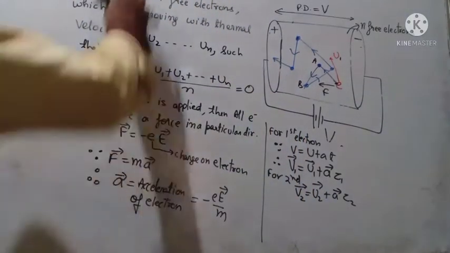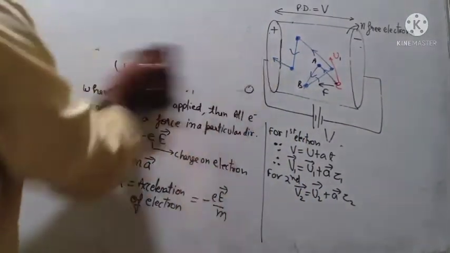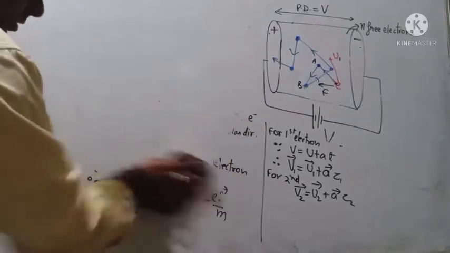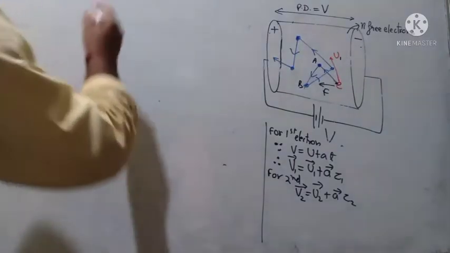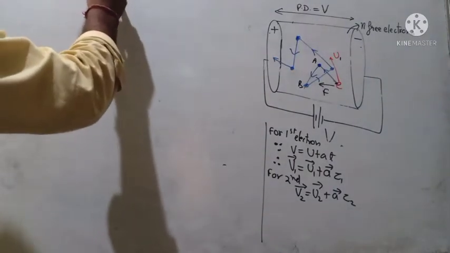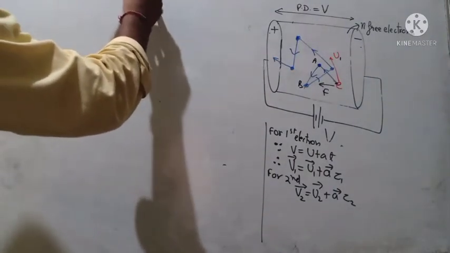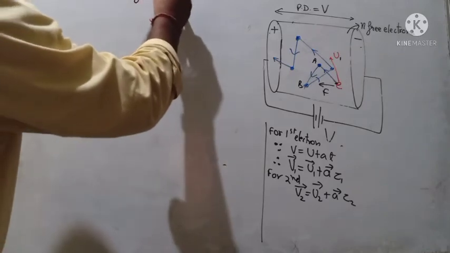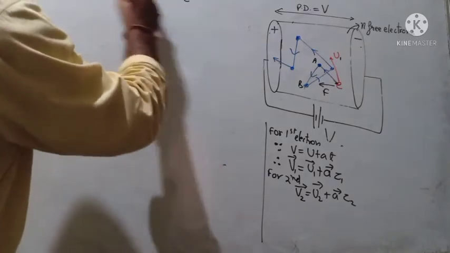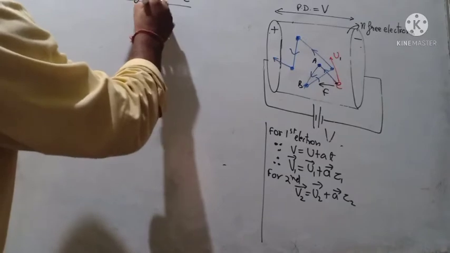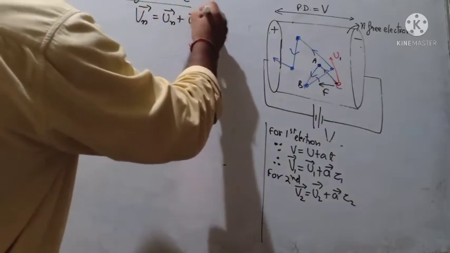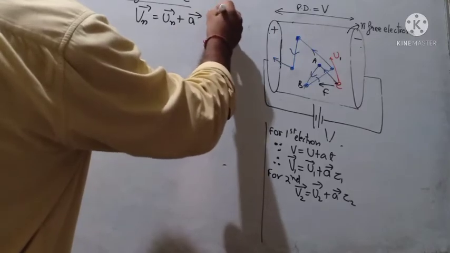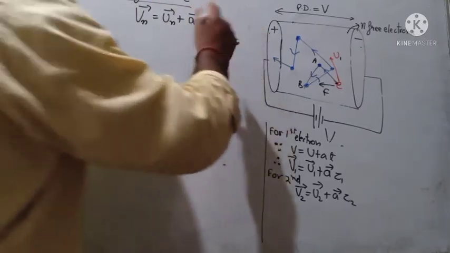Like this, it continues: for the first electron, for the second electron, similarly for the nth electron, what will we write? Vn is equal to Un plus A tau n. This is only tau because it is time.